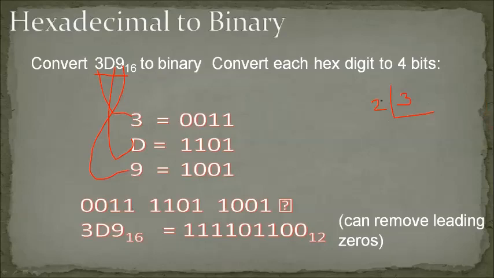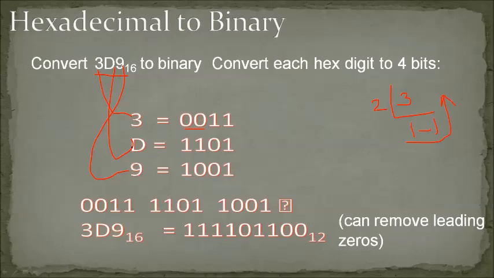We have to get the binary value, so we divide by 2. How many times will it go? 1 1. So you should write that, and don't forget to add 2 zeros at the beginning, because it is a hexadecimal value, so we add 2 zeros at the beginning, so that it is 0011.